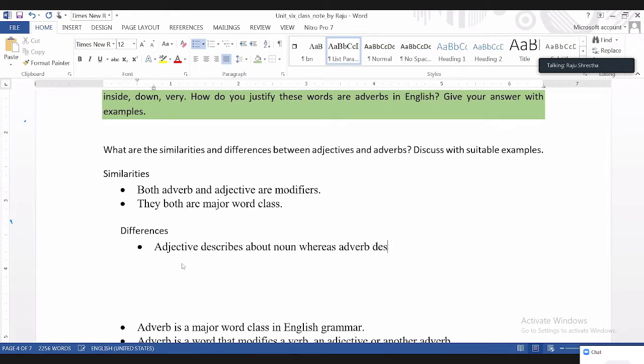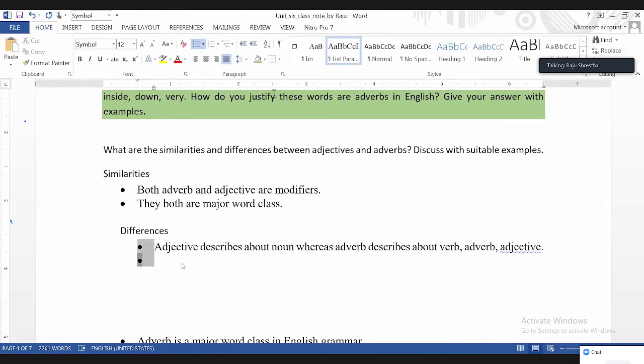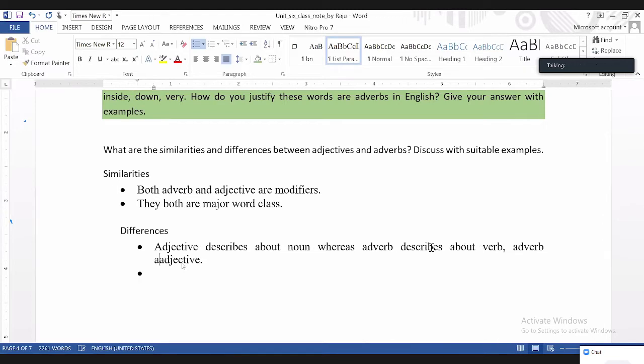Adverb describes about के को बारेमा त? Verb, adverb and adjectives को बारेमा गर्छ. Okay, one difference: adjective describes about noun, whereas adverb describes about verb, adverbs and adjectives. One difference is this.